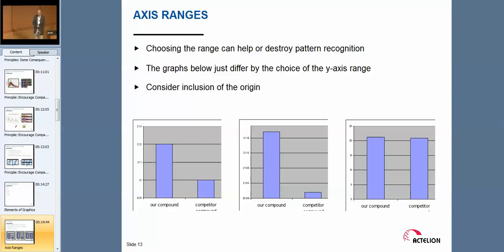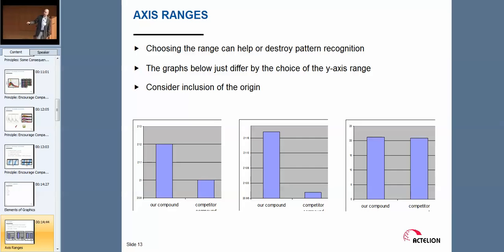popular topic. This is a graph where we show our compound that might have, say, an efficacy of 21.2%, and the competitor might have 21%. But you only realize that this difference is pretty small, from 21 to 21.2, if you read off the values. You can make the values small on the axis, that you don't see them anymore, and you can fudge about with the axis.